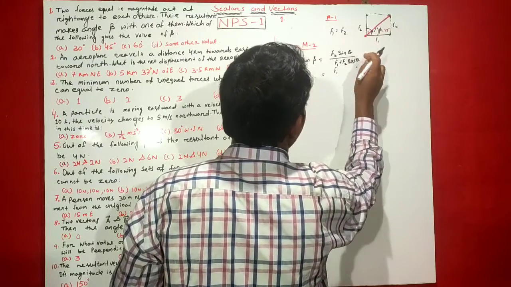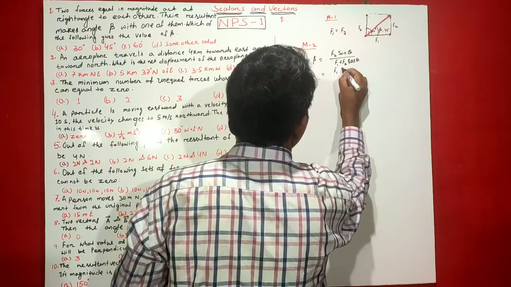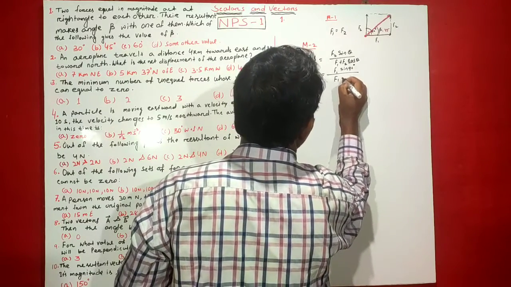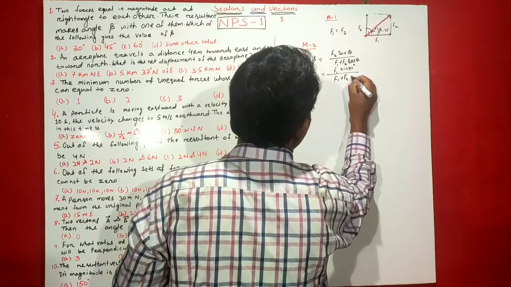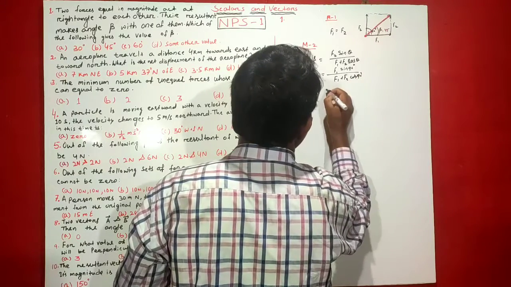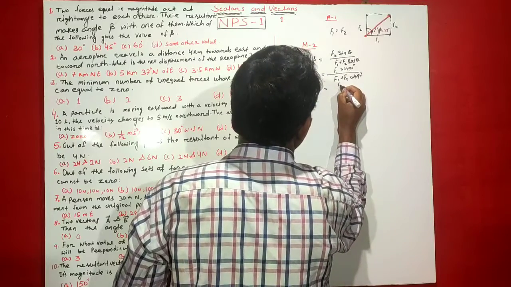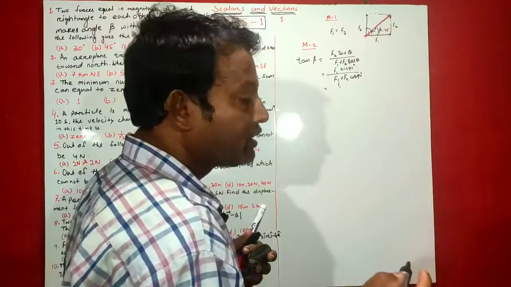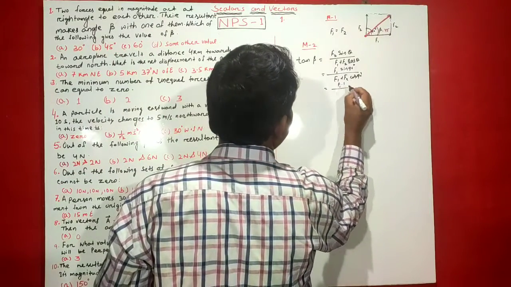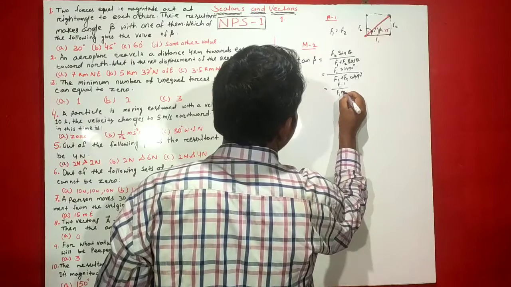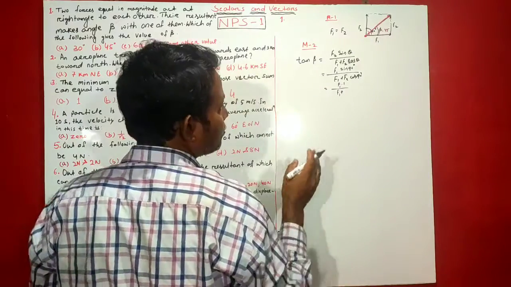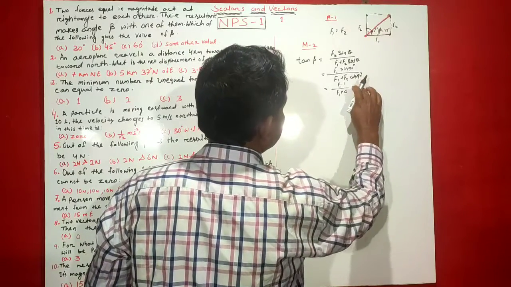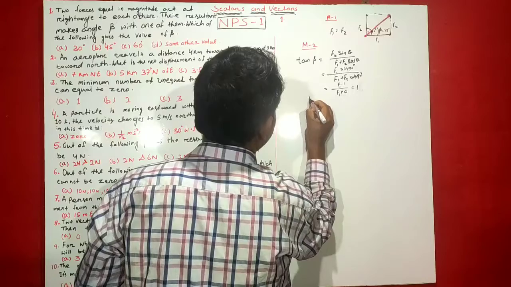So sin theta is sin 90, which is 1, so F1 into sin 90 is F1. And F1 plus F2 cos 90, where cos 90 is equal to 0, gives F1. So F1 by F1 is equal to 1.